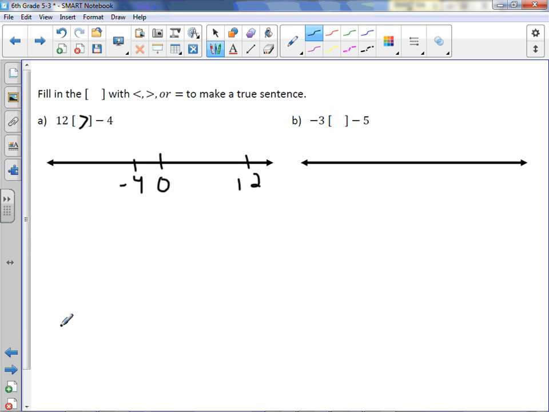Letter B, we have -3 and -5. So here's our 0, -1, -2, -3, -4, -5. -3 is further right, therefore it is greater than -5.